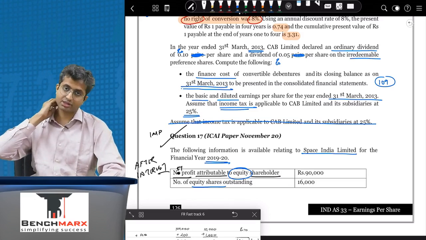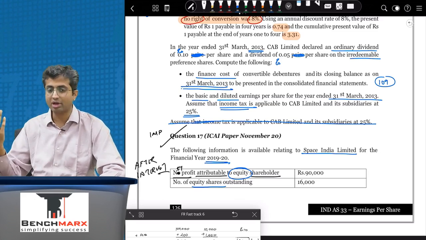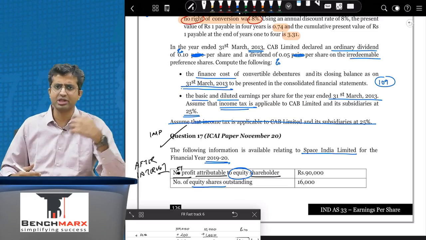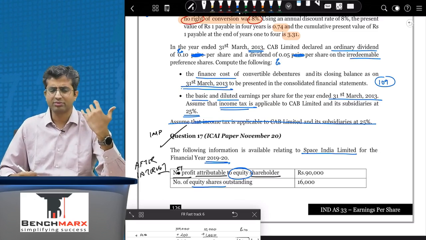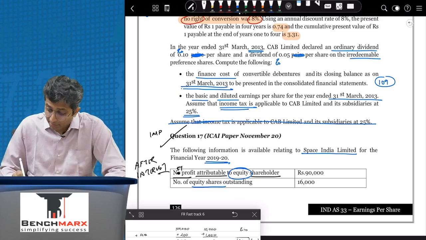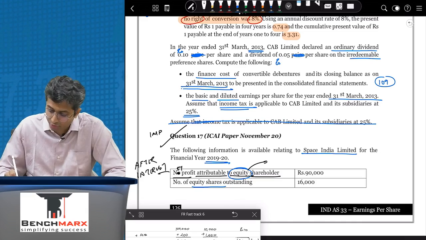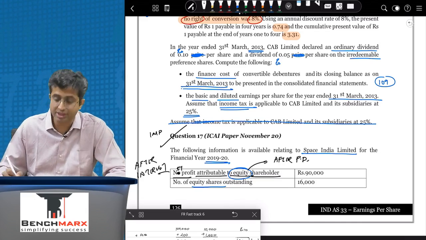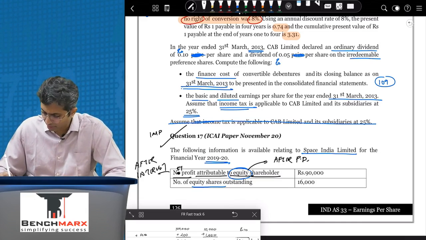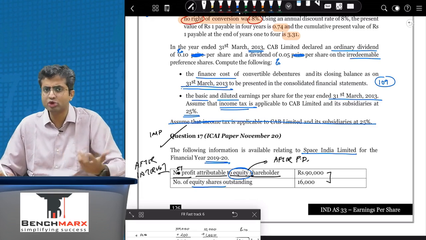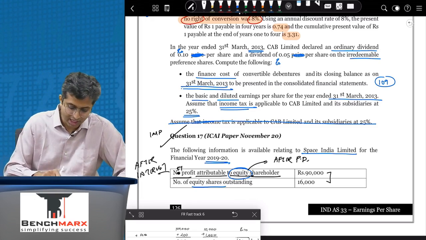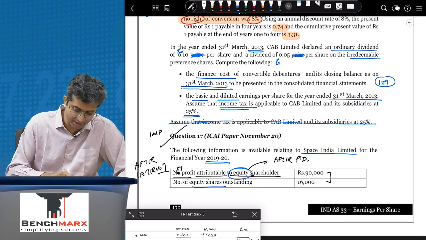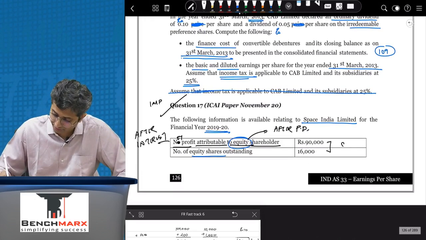However, preference dividend depends on how you classify, whether preference shares are classified as equity or financial liabilities. But if it says net profit attributable to equity shareholders, this means it is even after the preference dividend. This is the profit available to equity shareholders. You divide this by the number of equity shares outstanding. There is no other fresh issue of shares, and 90,000 divided by 16,000 will come to 5.625. This will give you the basic EPS.